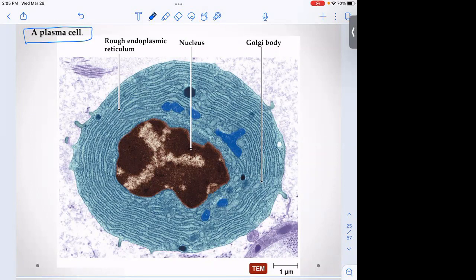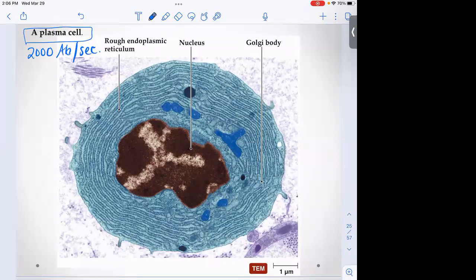Okay, so those ribosomes that are studded on that rough ER, those are making proteins that are destined to be secreted outside of the cell. So you can tell from looking at this cell that its job is to secrete some kind of protein. Activated plasma cells kick out about 2,000 antibodies per second, which is really mind-boggling.